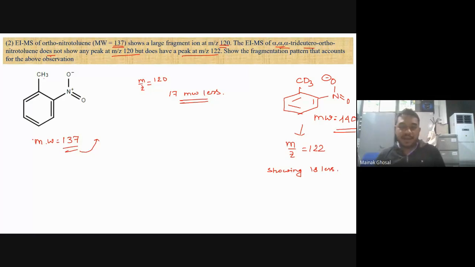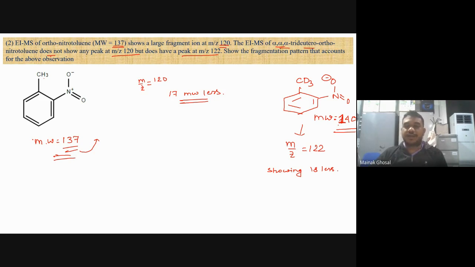So what could be the mechanism? You need to find that, and you see the difference between these two peaks. Here the molecular weight is 137, here the molecular weight is 140, and there is a difference of 3 because 3 hydrogens are replaced by 3 deuteriums. Now in the mass spectrum there is a difference of 2.